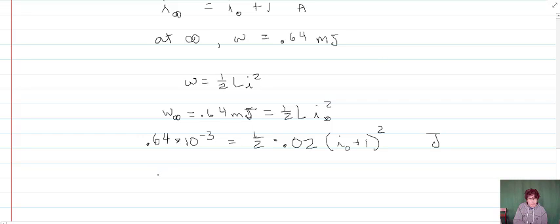So 0.64 times 10 to the negative 3 equals 0.01 times I naught plus 1 squared. Sorry, the 0.02 is gone, because I did 1/2 times 0.02 is 0.01.